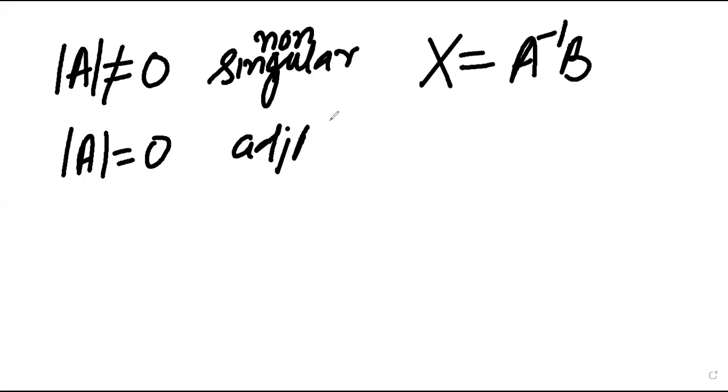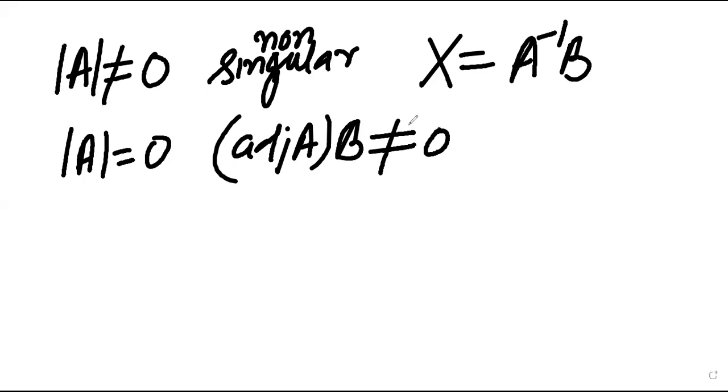What we find here is adjoint of A into B. If it is not equal to 0, if this value comes not equal to 0, then the solution does not exist. Solution will not exist.